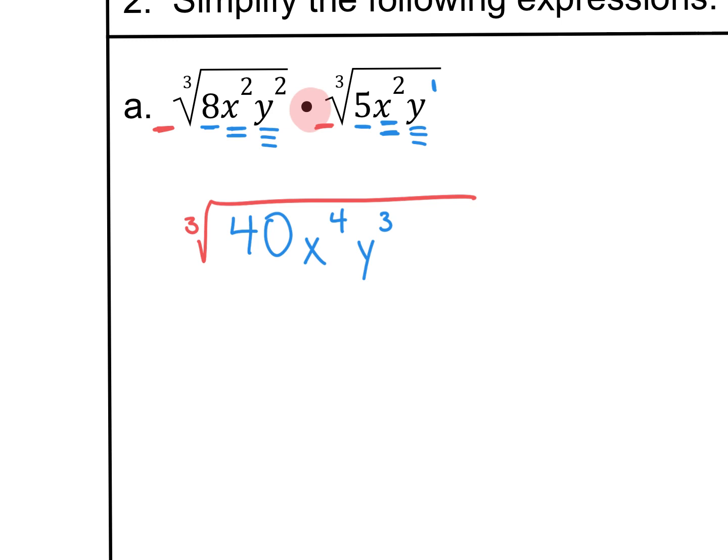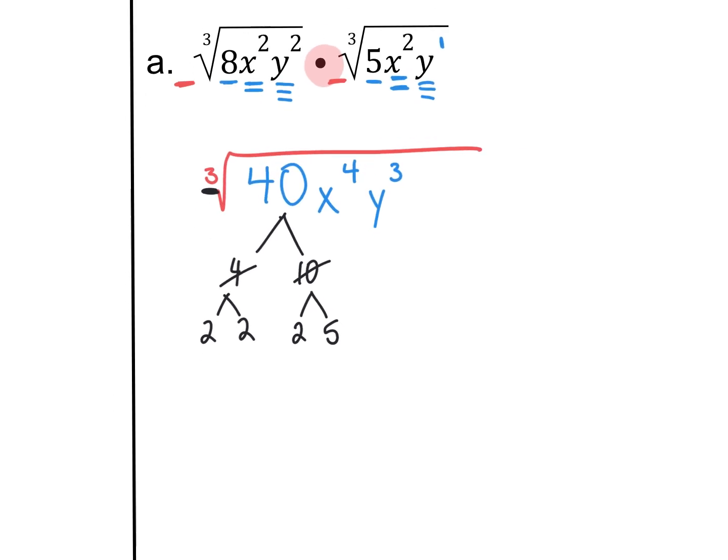Okay, so let's do it. Factor tree this. Any two numbers that multiply to 40. So the first things that come to my mind are 4 and 10. If you picked other numbers, that's fine. Keep going. 4 breaks down to 2 and 2. 10 breaks down to 2 and 5. There we go. Okay. So now we're looking for groups of 3 of the same thing to break out of this jail.